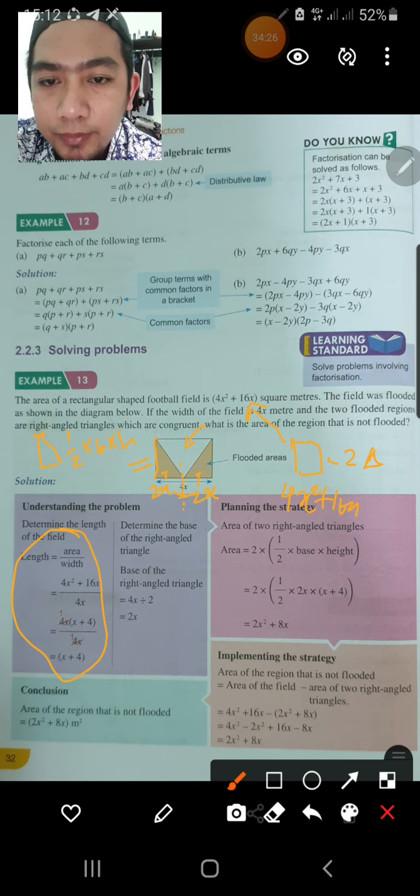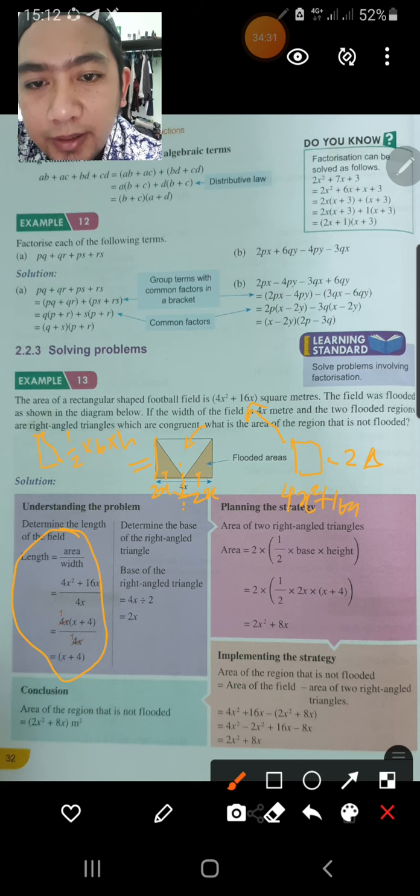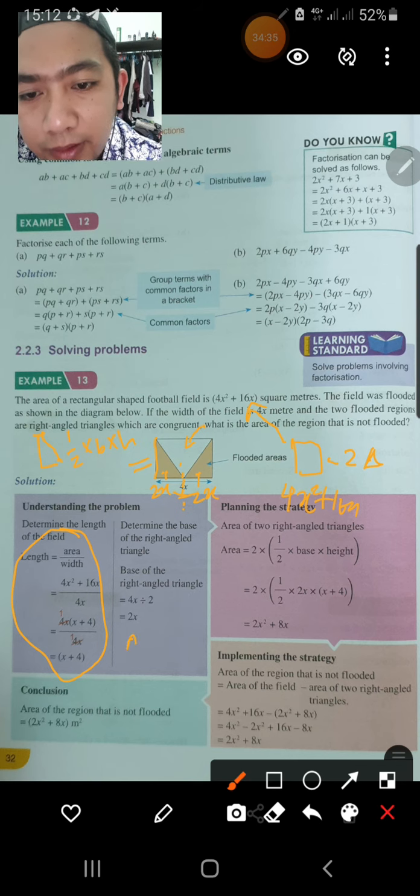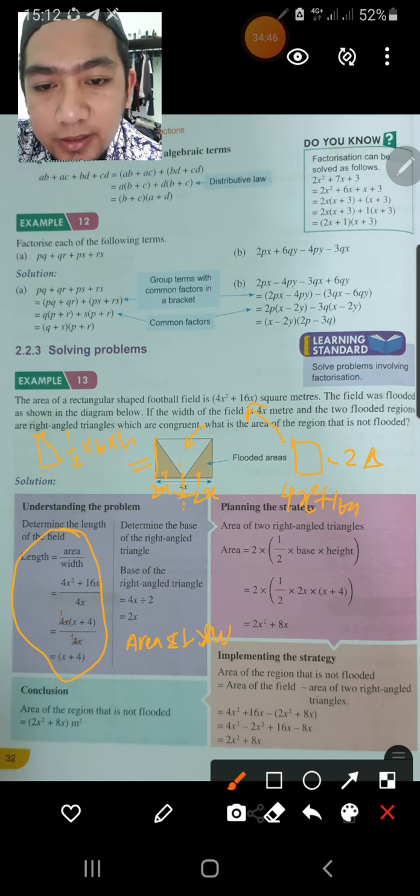Actually kalau cari area rectangle, area length times width, kan? Length times width.